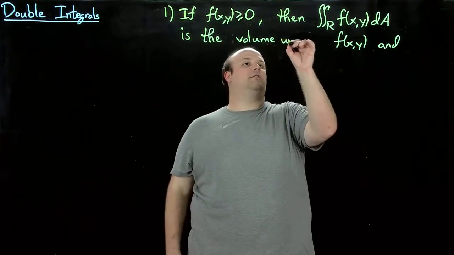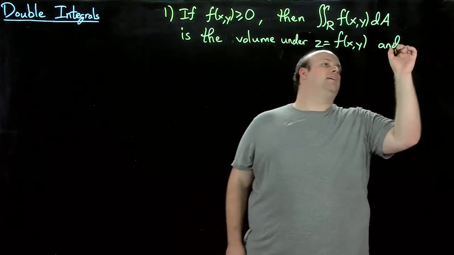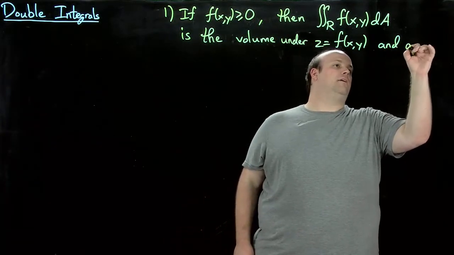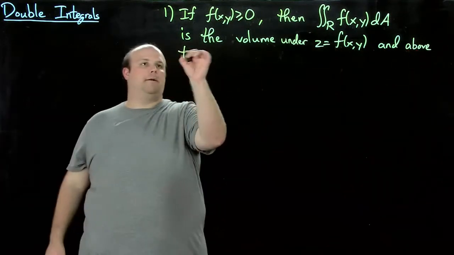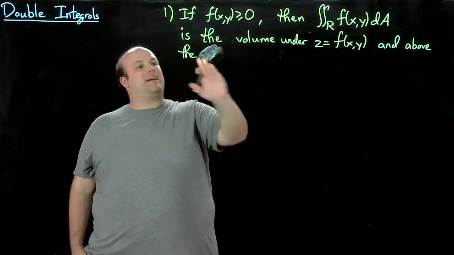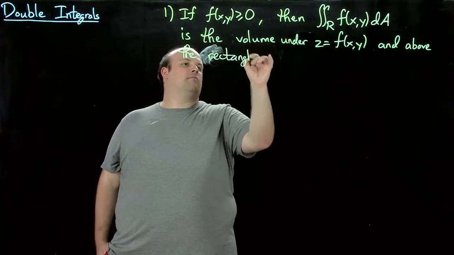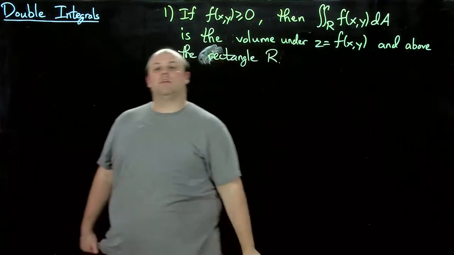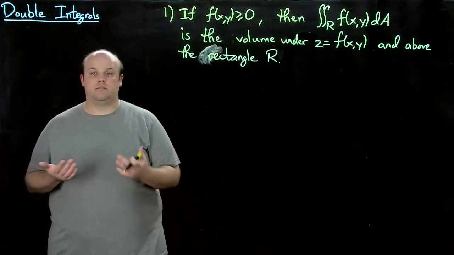So the volume under z equals f of x y, and above the rectangle R. Okay?